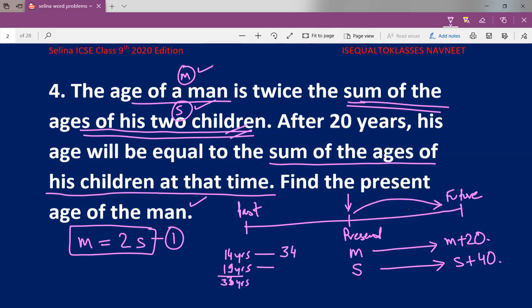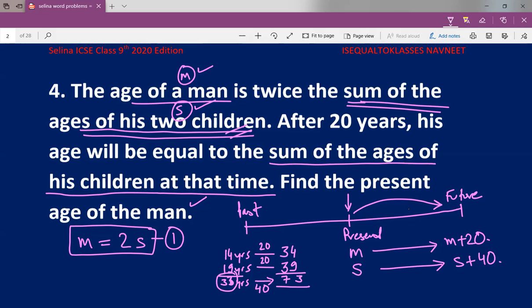Your brother will be 19 plus 20 equal to 39. The sum of ages would be 34 plus 39, which is 73. As you can see, 40 will get added to the sum of the ages. Here 20 and 20 is getting added, but to the sum of the ages, 40 will get added. I hope you have got the logic.